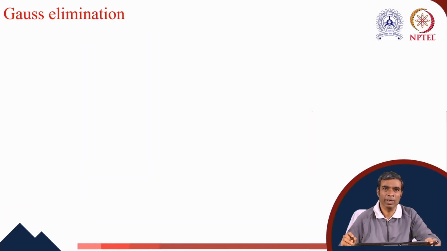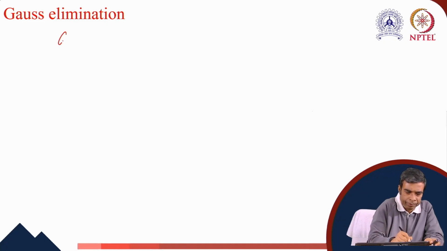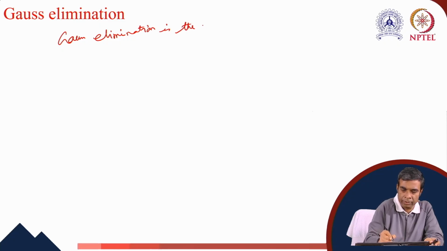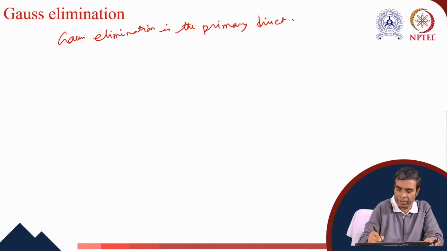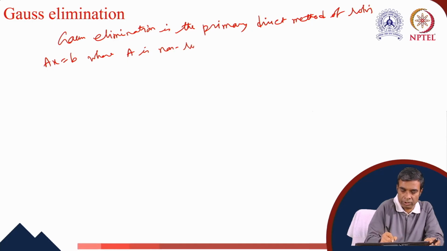Now we illustrate the development of the Gauss elimination algorithm. Gauss elimination is the primary direct method of solving AX equals to B, where A is non-singular.